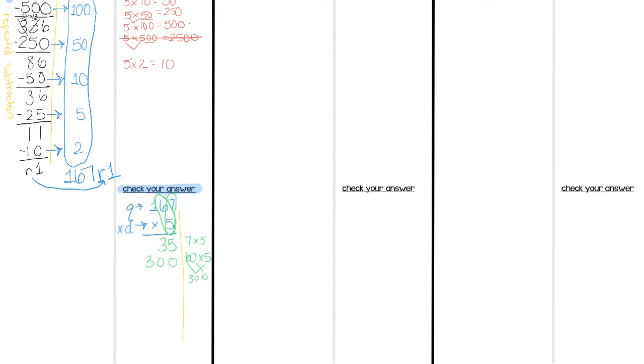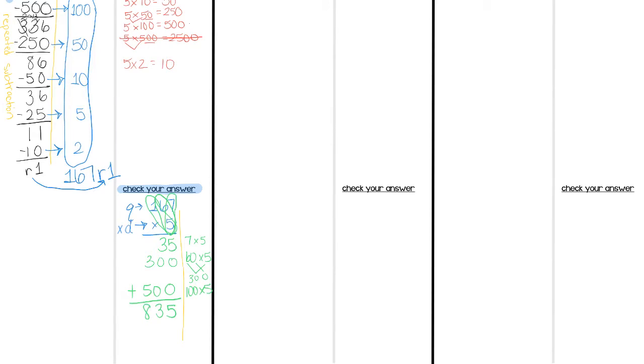And then lastly, we have our 100's times our 1's. So we have 100 times 5, which is 500. And I need to line up my digits. We're going to add these together. 5 plus 0 plus 0 is 5. 3 plus 0 plus 0 is 3. 3 plus 5 is 8.